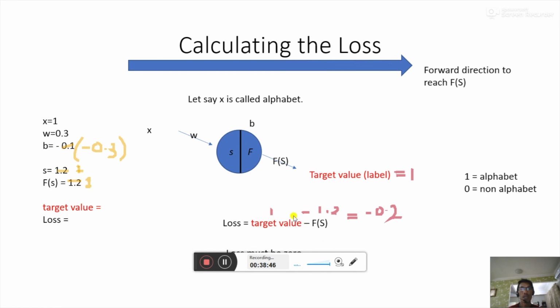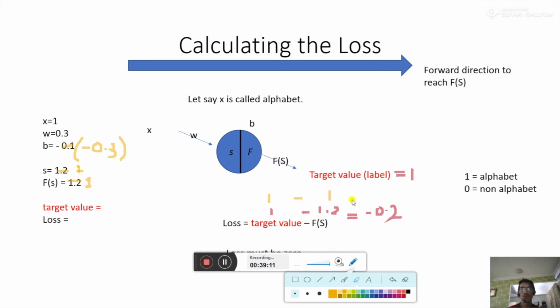Now back to here. The target value is 1. I repeat it again, second round. The target value label is 1, minus Fs. Fs is 1.